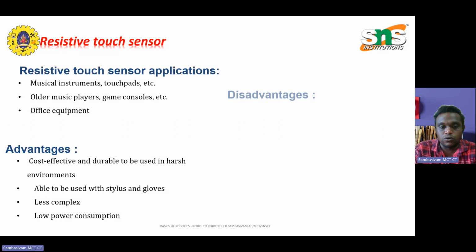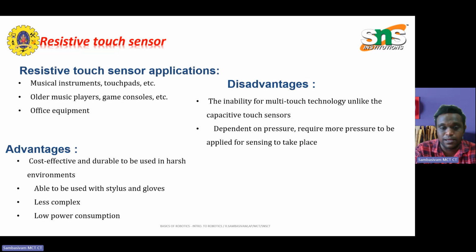Compared to a capacitive sensor, the use of two layers can reduce the display clarity, and also it cannot be used as a multi-touch sensor. There is low clarity, it is less responsive, and wear and tear is a concern.